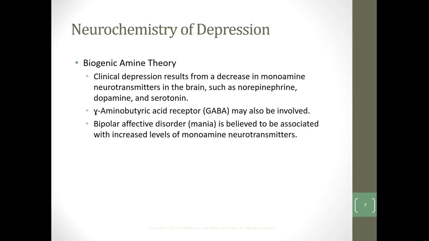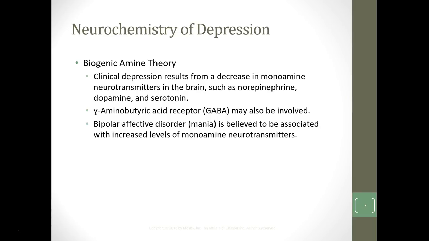So let's talk about the neurochemistry of depression. So there's a biogenic amine theory, and what this is, clinical depression results from a decrease in stimulating hormones. Those are monoamine neurotransmitters in the brain, like dopamine, serotonin, and norepinephrine. So GABA may also be involved.